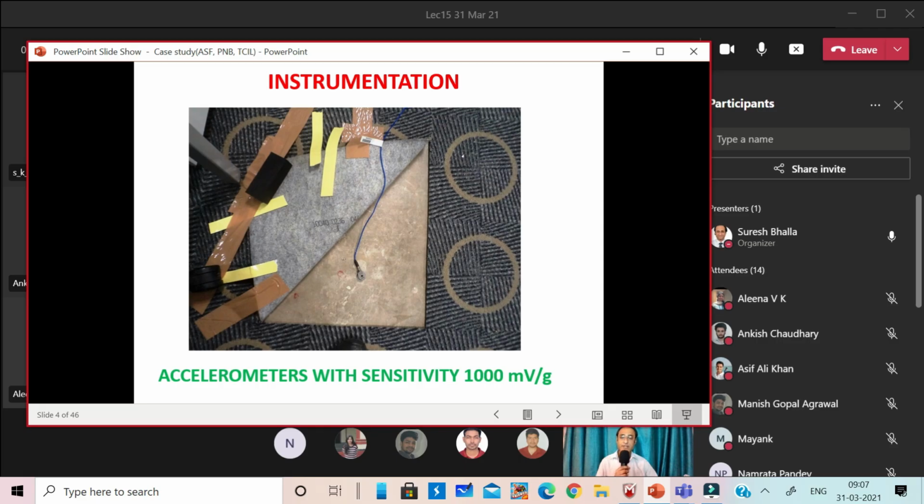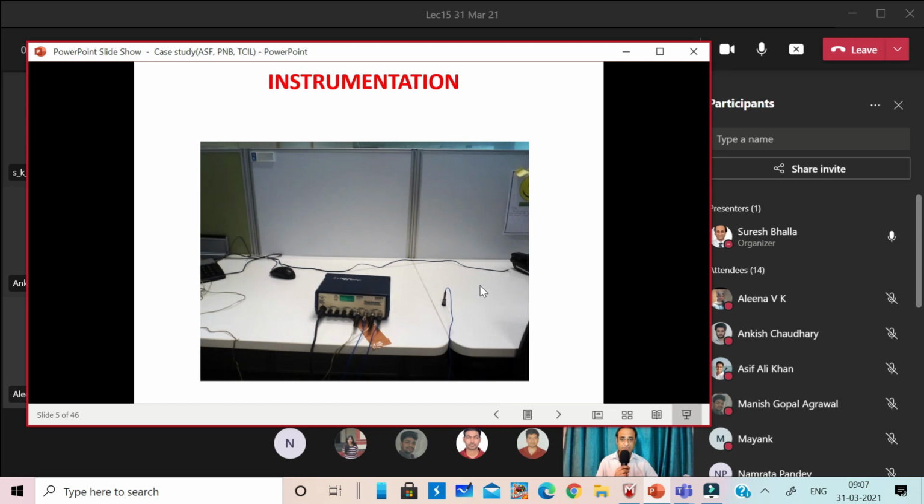So we went there, and we did the instrumentation using accelerometers on the locations which were reporting high vibrations. One such instrumentation I am showing here, and one instrumentation we had installed on specific tables, because some of the tables were reporting higher vibrations, and also the perception was different among different people.